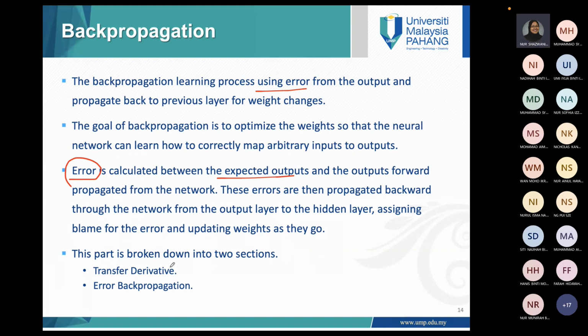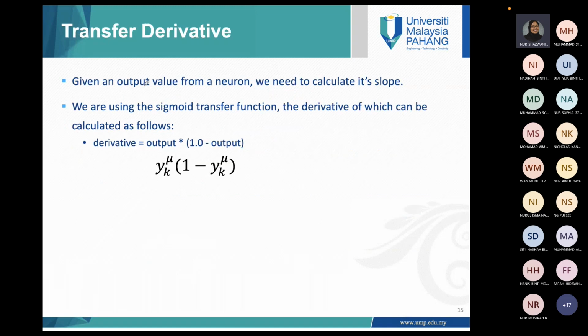First, the transfer derivative. Let's say we have the output from the neuron. We already went through the forward propagation and we have the output. We need to calculate the slope of the output.